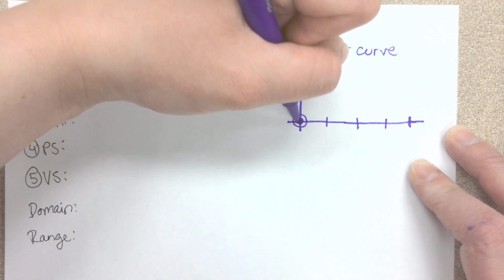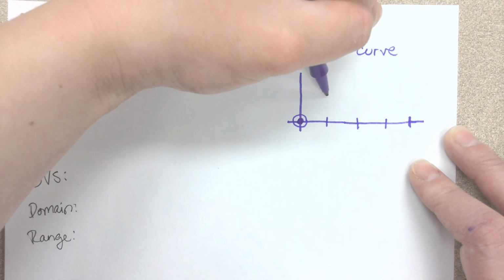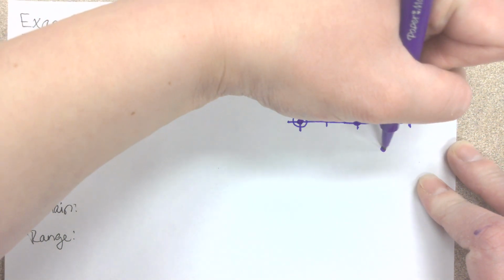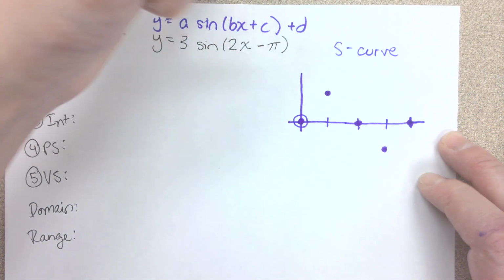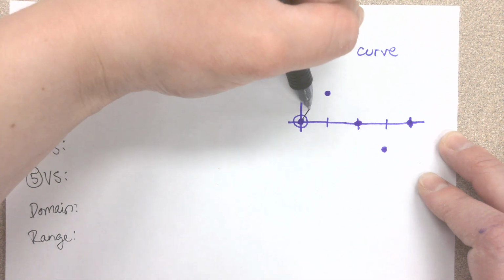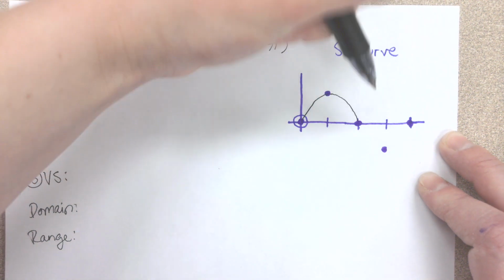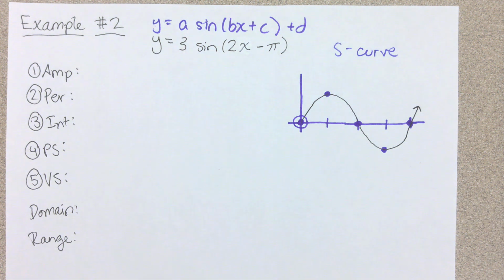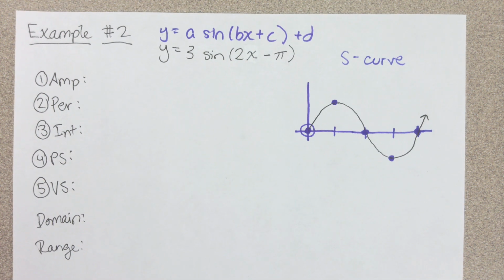Sine starts at the origin, then the maximum, then the midline, then the minimum, back up to the midline.